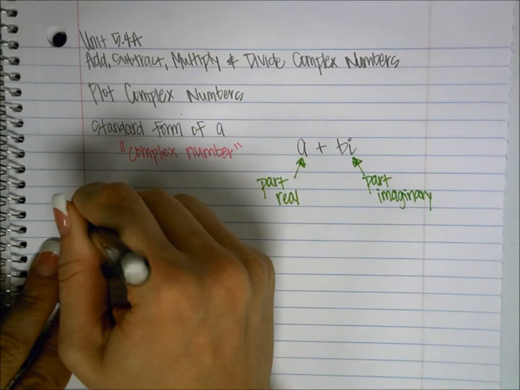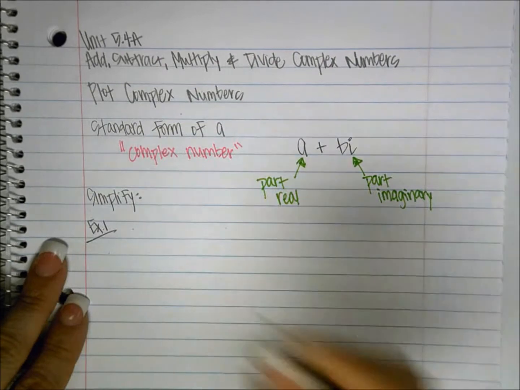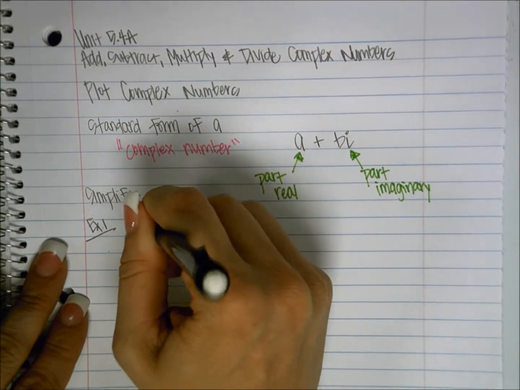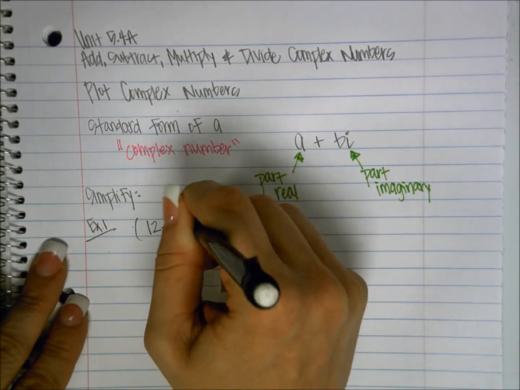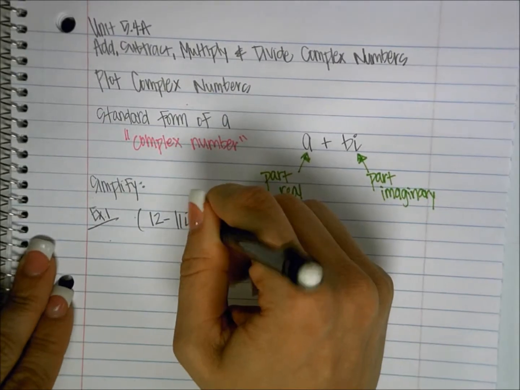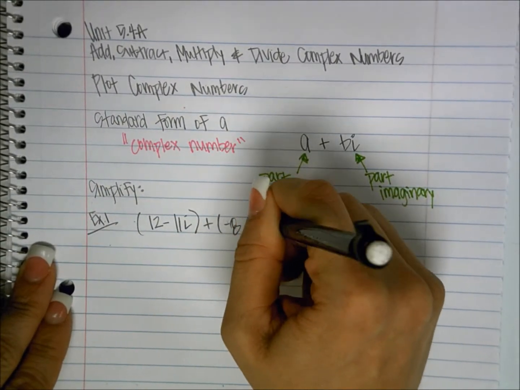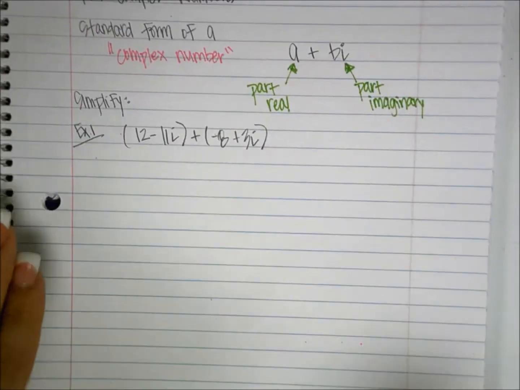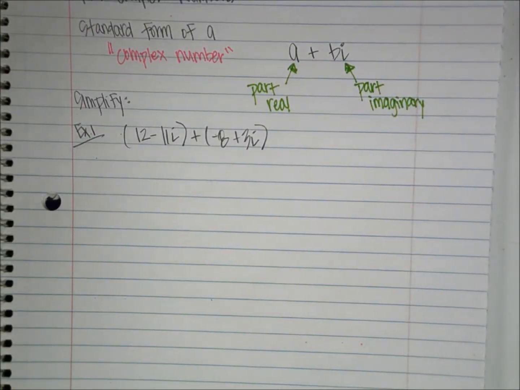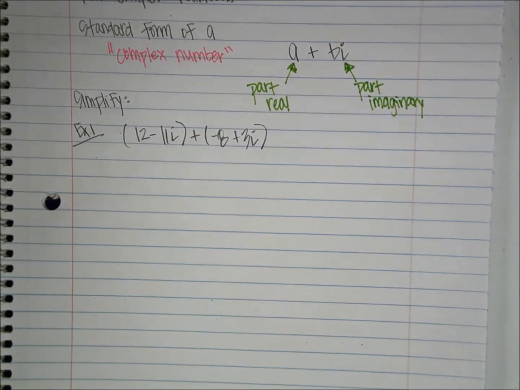So for example number 1, I would like you to simplify in parentheses 12 minus 11i, close your parentheses, plus negative 8 plus 3i.